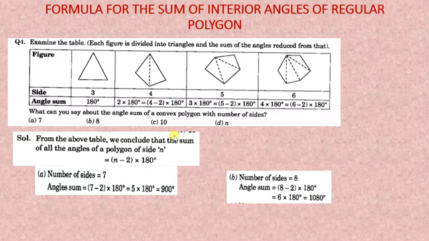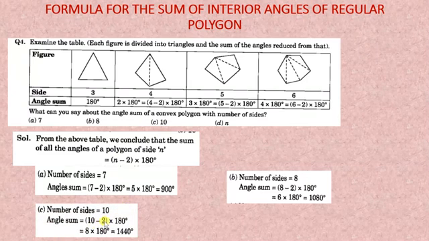Similarly, if the polygon has 10 sides, then n will be replaced by 10. So the sum of interior angles will be (10 minus 2) multiplied by 180 degree, that is 8 multiplied by 180 degree. So it becomes 1440 degree.